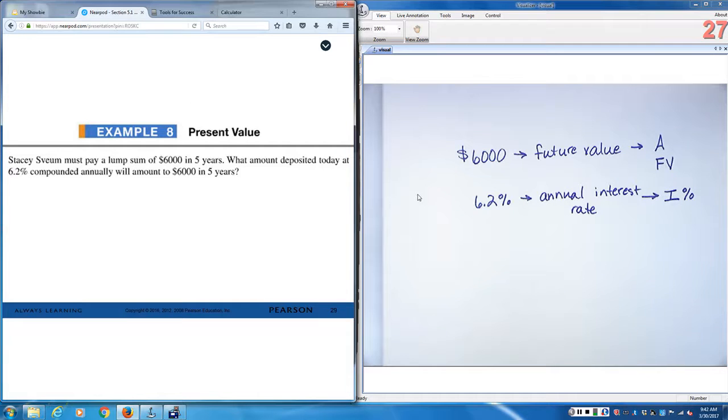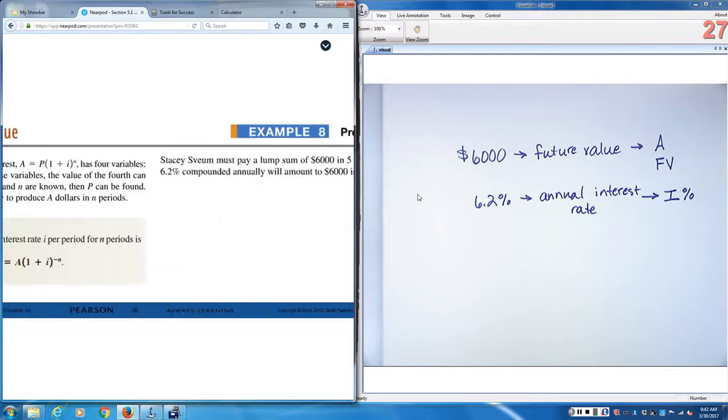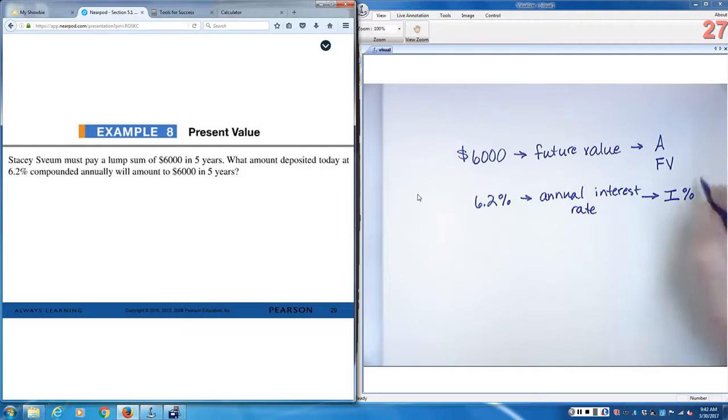But in your formula, it's still I. And then it says they're going to compound annually.